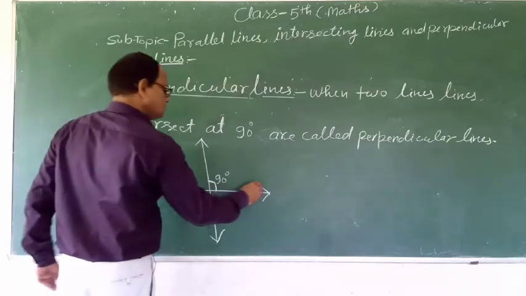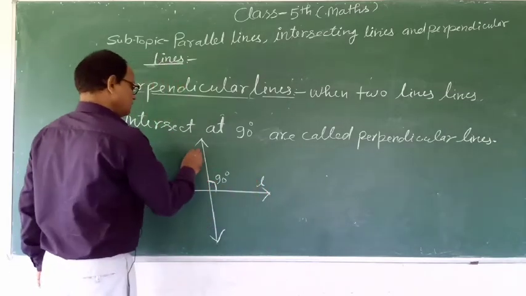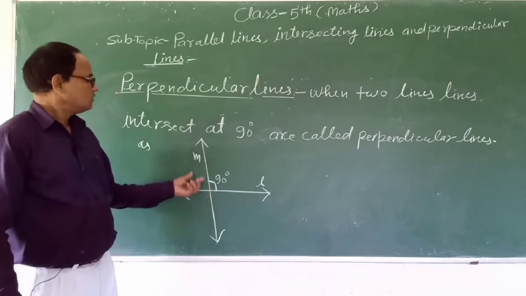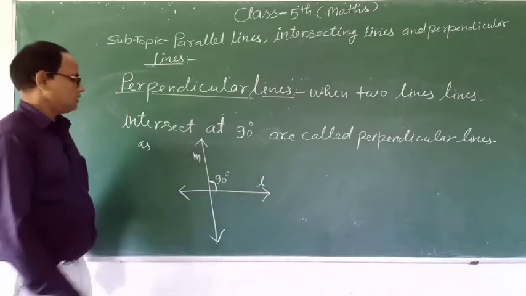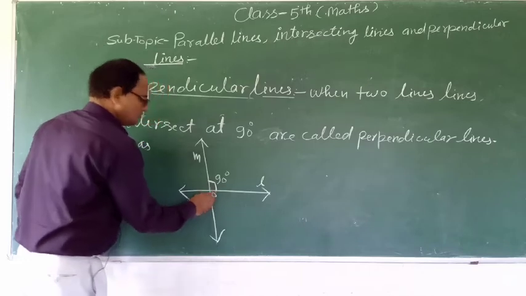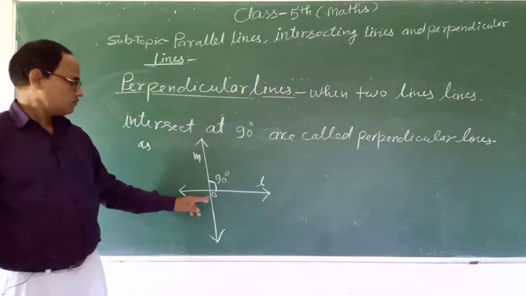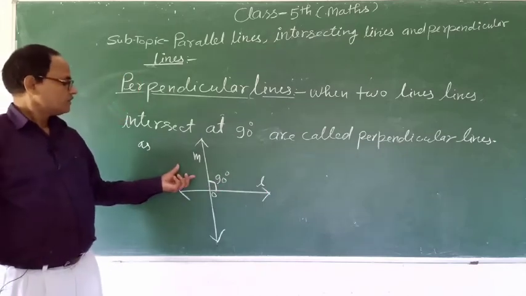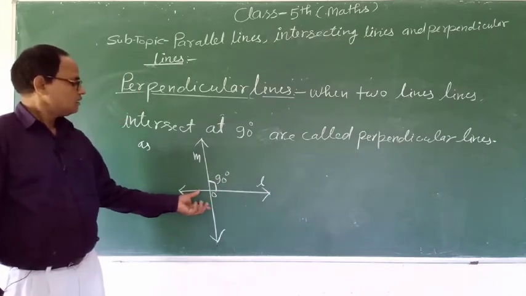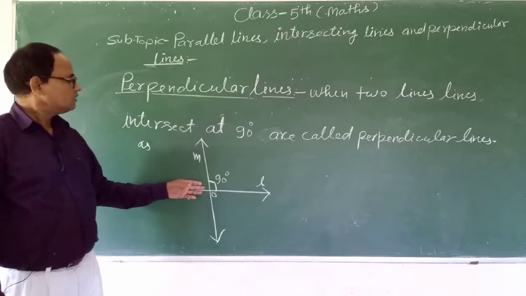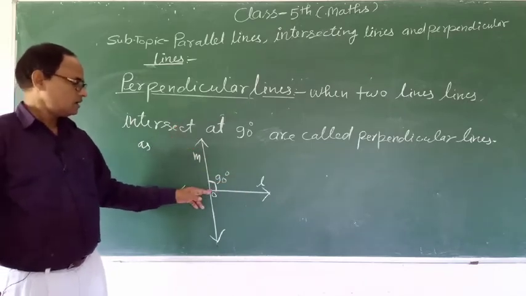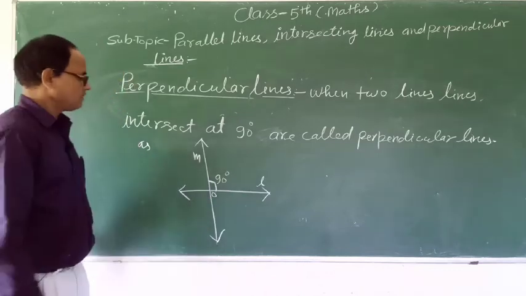Two lines L and M. M is the perpendicular line on line L, cutting at O. The lines L and M intersect at point O, and at this point they make a 90-degree angle to each other.